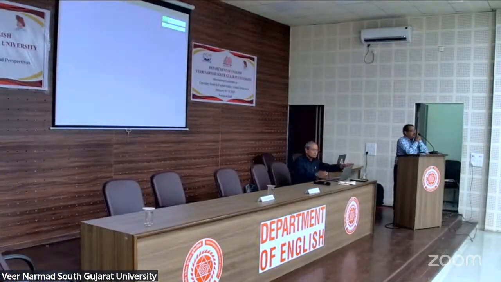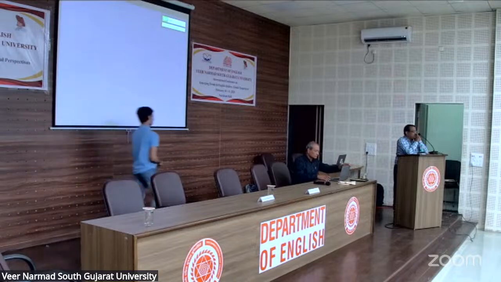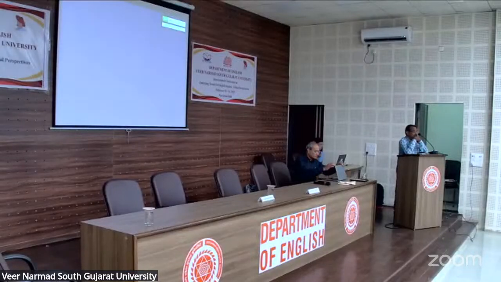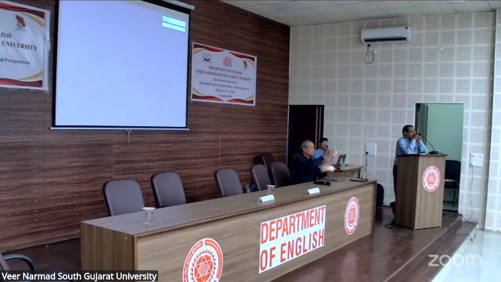And if I am privileged to sum up his talk, then I would say that he was trying to problematize the binary between the literary and the popular. So in our culture, popular and literary sometimes overlapped, existed side by side, but there was a lack of recognition.